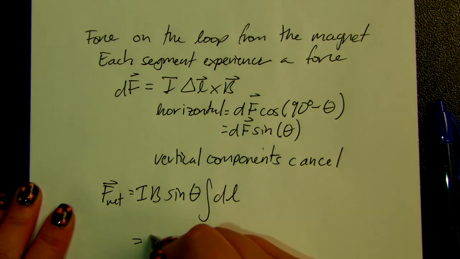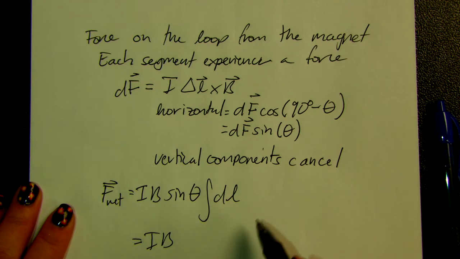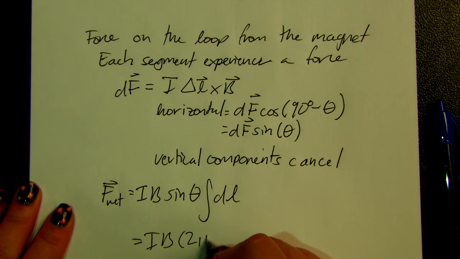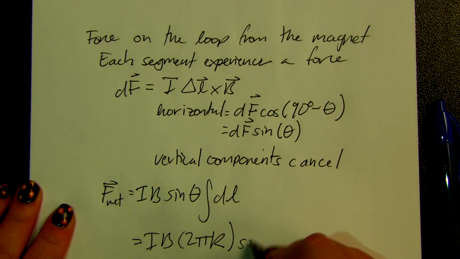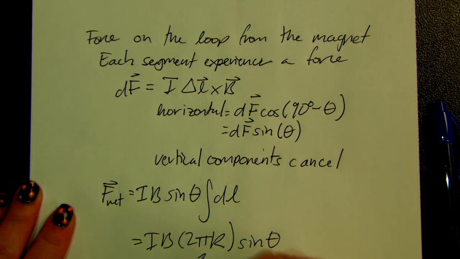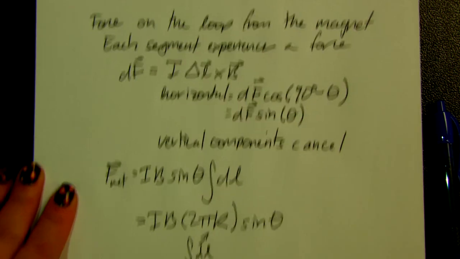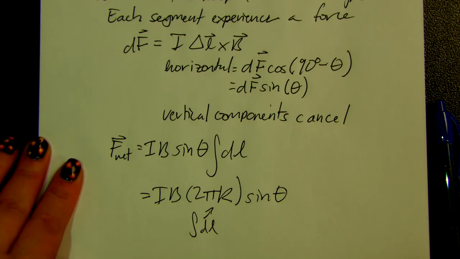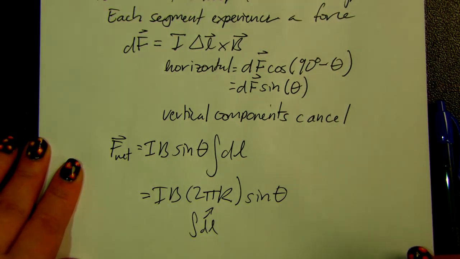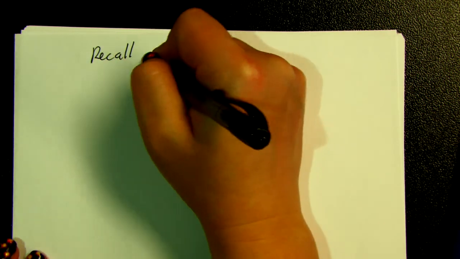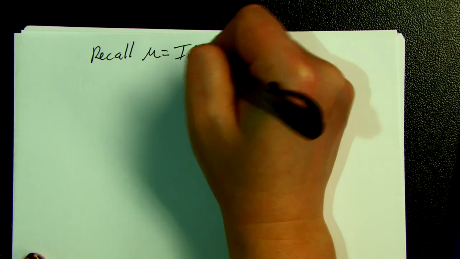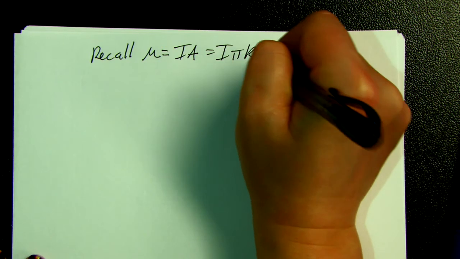So this is equal to I B, and to go all the way around, we're just looking at the circumference, so the dL integration gives 2 pi r sine theta. So this is the result of that dL integration. Okay, moving right along, if you recall, mu is equal to I A, which is equal to I pi r squared.